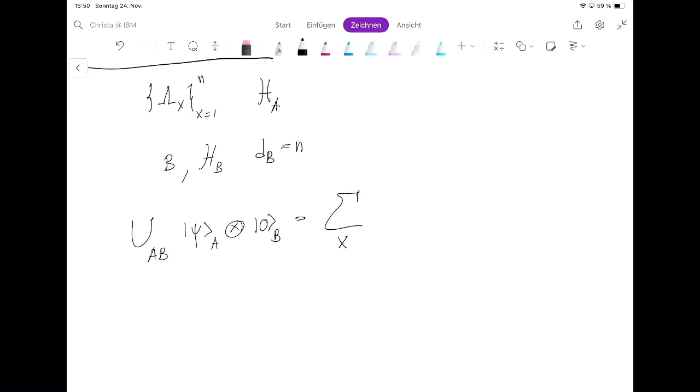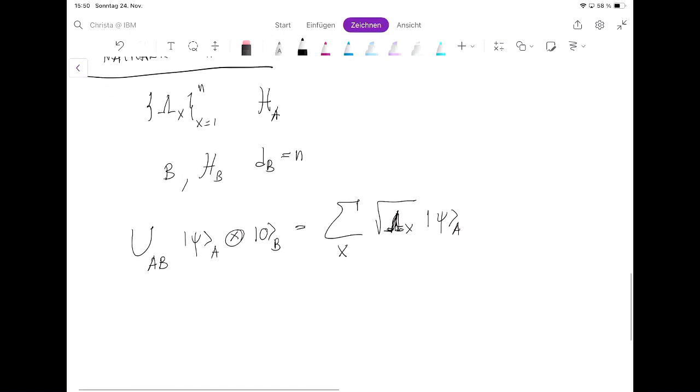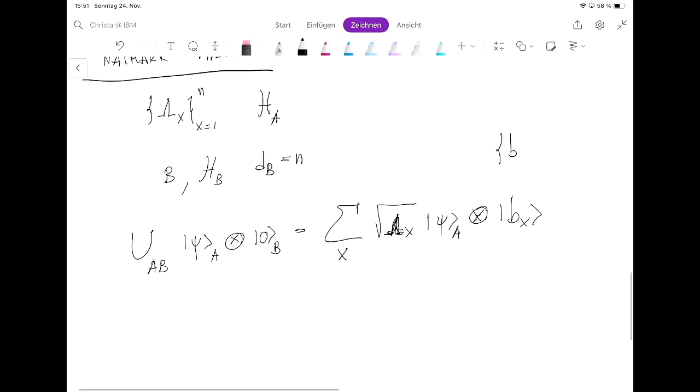It's basically applying this operation to psi A. Notice that this is the square root of the POVM effects, and this is well defined because of the assumptions that we made on the POVM effects themselves. And here, for every x, it prepares |x>, which is a basis state on the larger system corresponding to outcome x. Okay, |x> is an orthonormal basis on B.